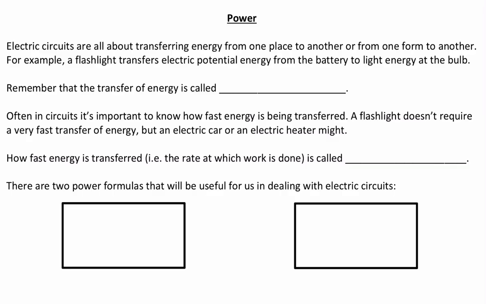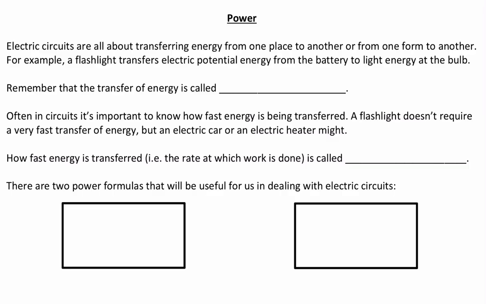The whole purpose of a flashlight is to take the energy that's in the battery in the form of potential energy and transfer that energy from the battery to the bulb and transfer it from potential energy into light energy at the bulb.